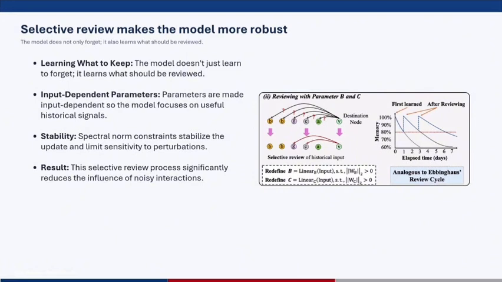Parameters are made input dependent, so the model will focus on useful historical signals, as we can see here in the right diagram, where the model is selectively focusing on the previous interactions of the node that are dependent on the actual input data. As a result, this selective review process significantly reduces the influence of noisy interactions, so it can act as a filter for noisy inputs.